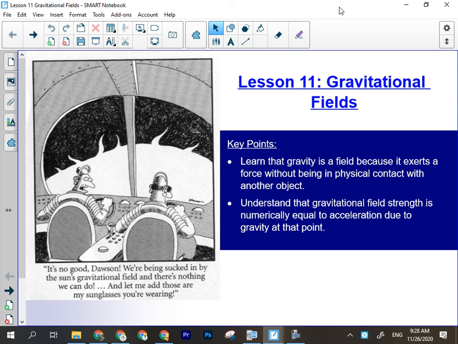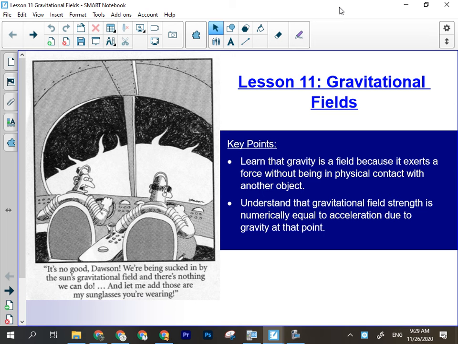Gravity is not a contact force. I don't have to be in contact with the Earth's surface to be attracted to it. And the same is true for electrical fields and magnetic fields. Neither one of those forces actually requires you to be in physical contact with the source of the force that's producing the field. You're just in an area of influence.